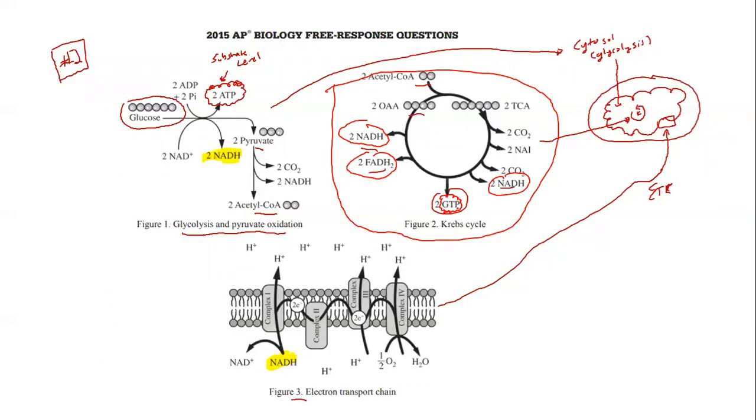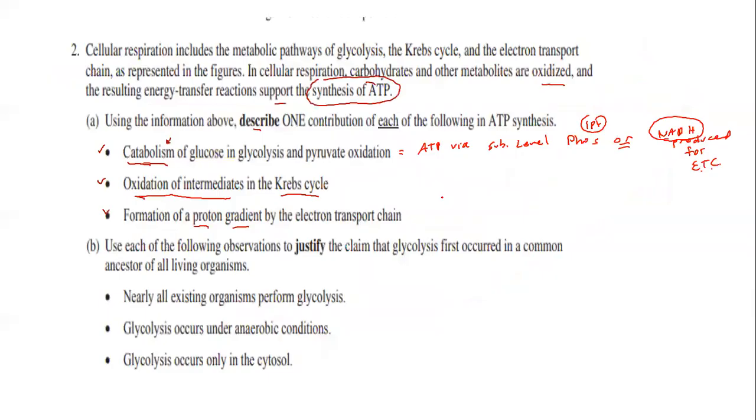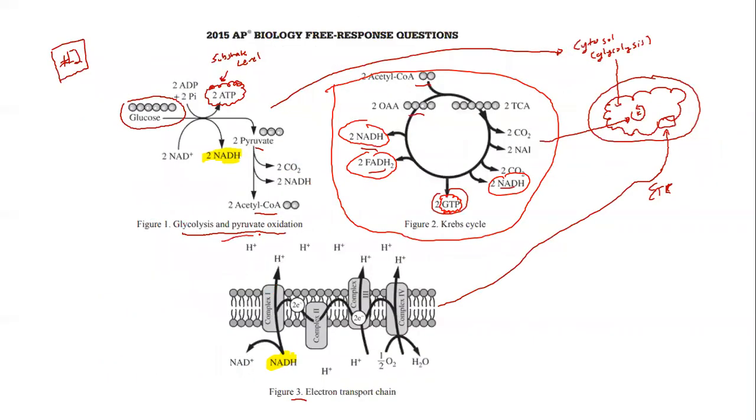You make a little bit of ATP or GTP in this case via substrate level phosphorylation, but the key thing is you make a high production of NADH and FADH2 for your electron transport chain again. So that's one huge contributing factor. And then this last one is probably the most critical to understand.